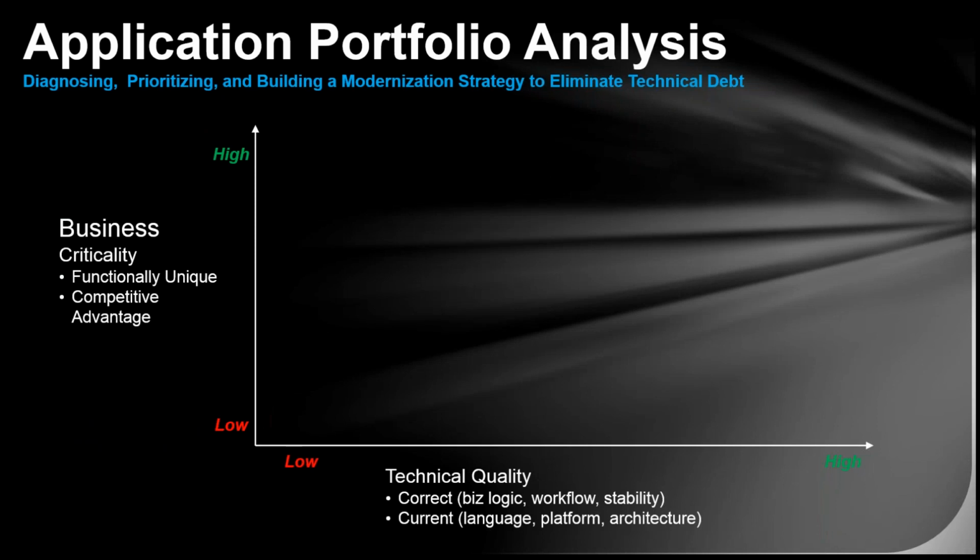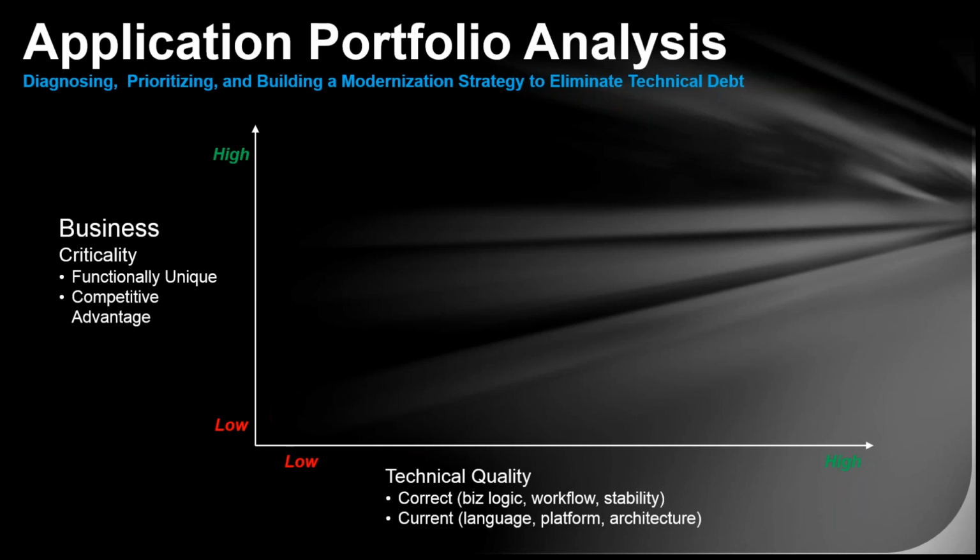One way to do this, and we'll go through this very quickly, is to plot out your applications on a two-axis matrix, where on one axis you score them according to the criticality to the business. How functionally unique are they, or how much competitive advantage does that code create? And on the second axis, you measure them on their technical maturity or their technical quality, their technical obsolescence.